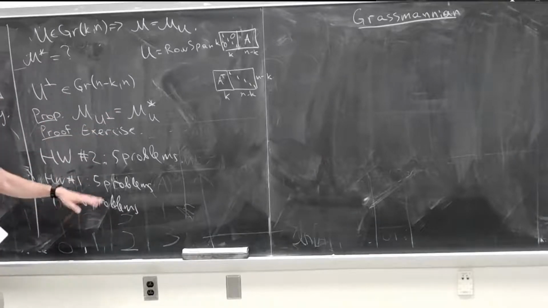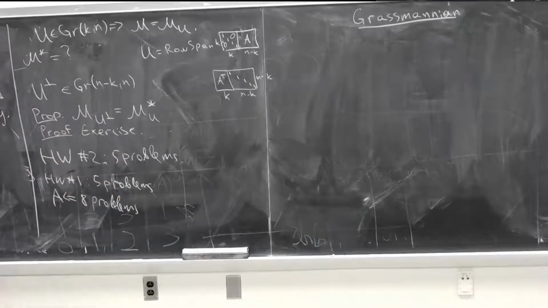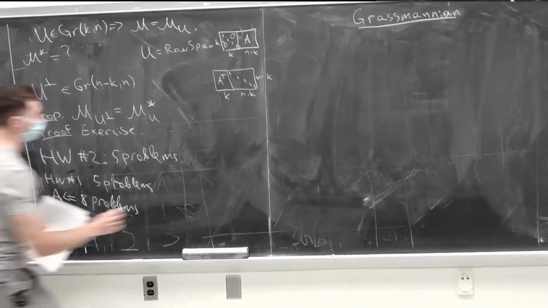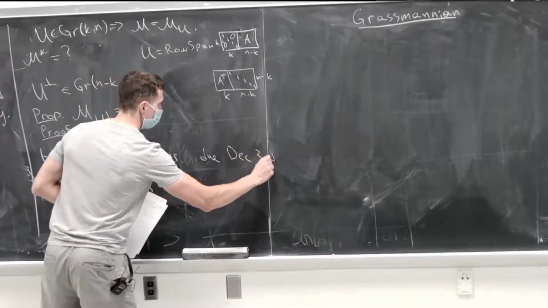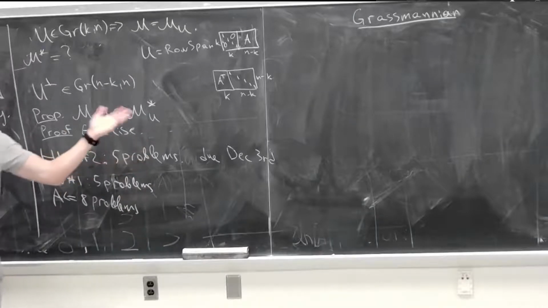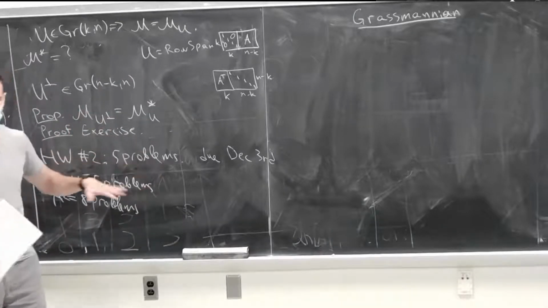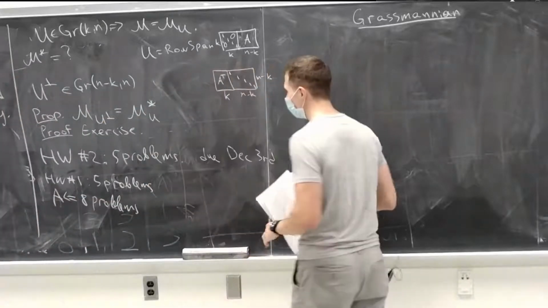So if you got the perfect score in the first homework, you can solve 3 problems instead of 5 for the second homework. Any questions? So this is due December 3rd. And this is not intended to replace your Thanksgiving break. Please have some rest during Thanksgiving, and this is not going to be too intense.